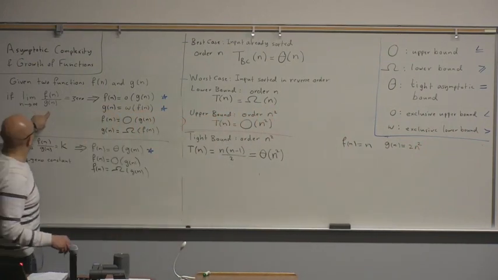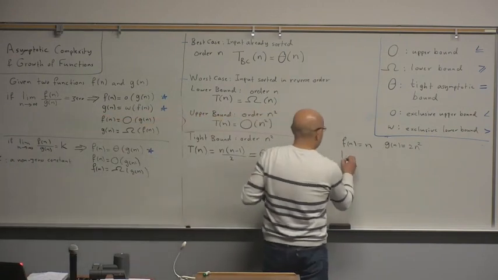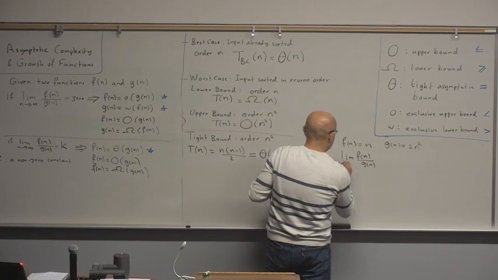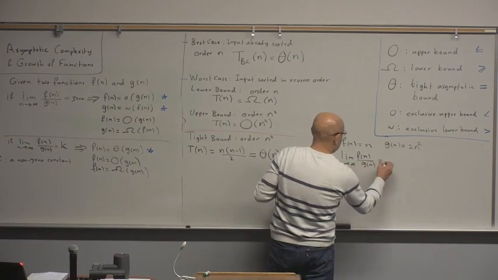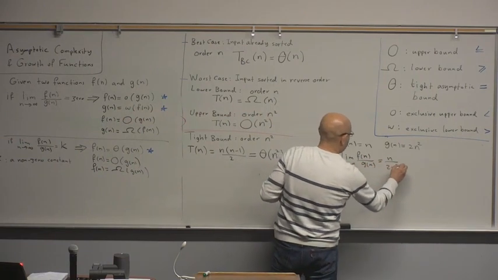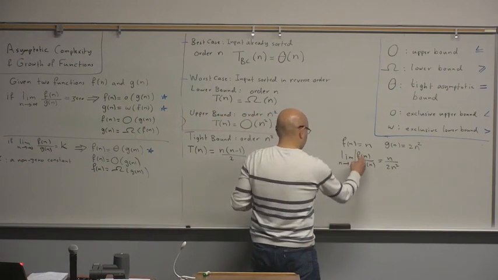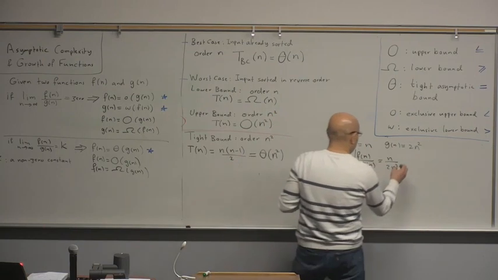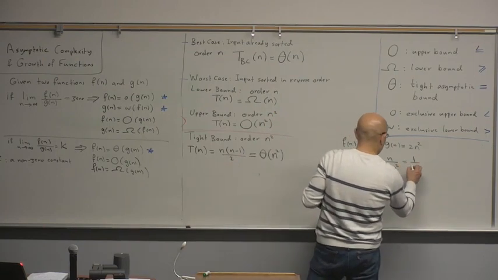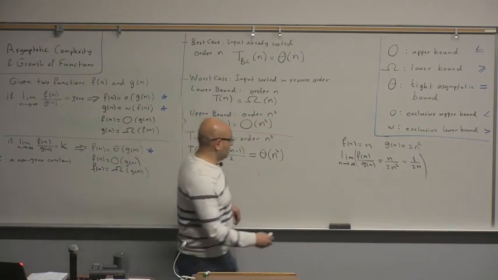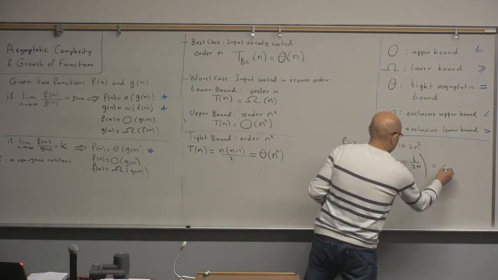The limit of the ratio, the limit of f of n divided by g of n as n goes to infinity, is the limit of n divided by 2n squared, or the limit of 1 over 2n, and this limit equals 0.